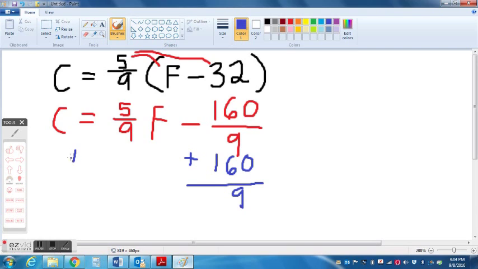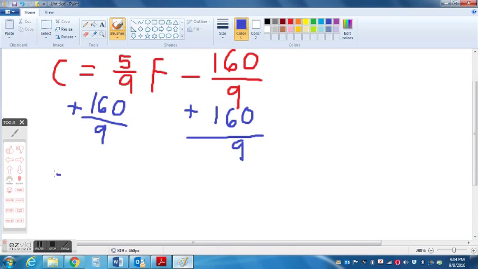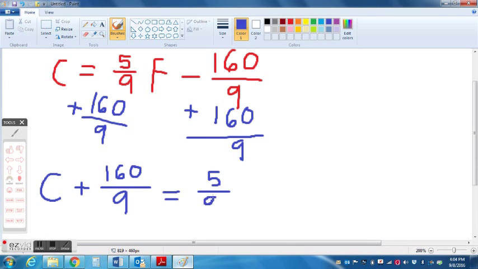So I'll do that here. And getting down, get some more paper here. Alright, so now we have C plus 160/9 equals 5/9 times F. And what do I feel like doing next?